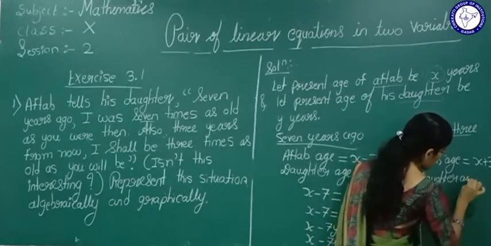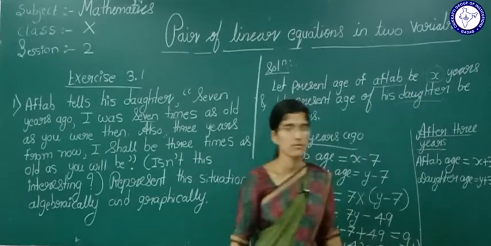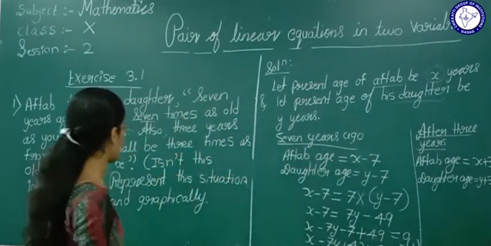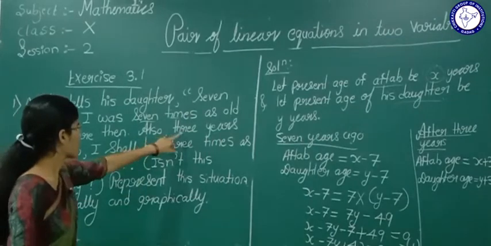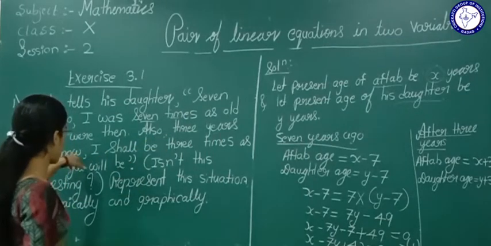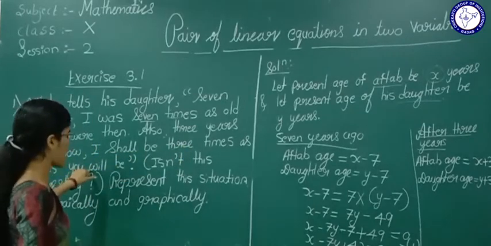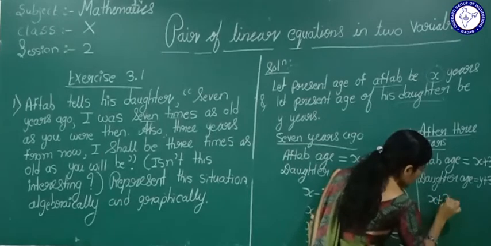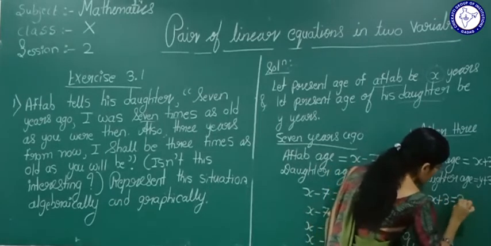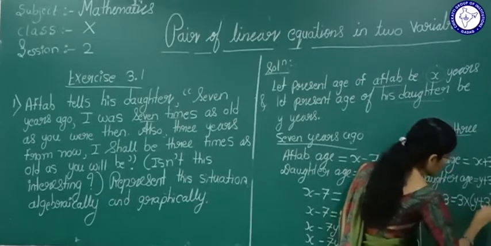The daughter's age will be y plus 3. Now whatever they have given, we will represent in an equation: 3 years from now, I shall be 3 times as old as you. Means x plus 3 is equal to 3 times the daughter's age.